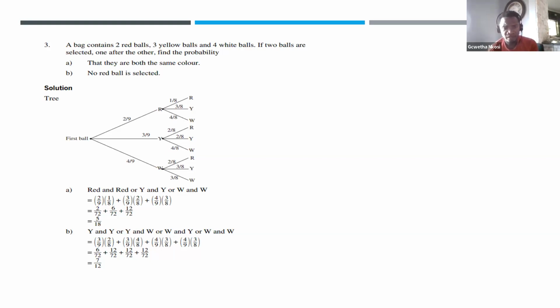Okay, first and foremost, here you've got only one bag, but they gave you the choices of colors. What are the choices of colors? They say is red, yellow, and white. Oh, okay. Red, yellow, and white.